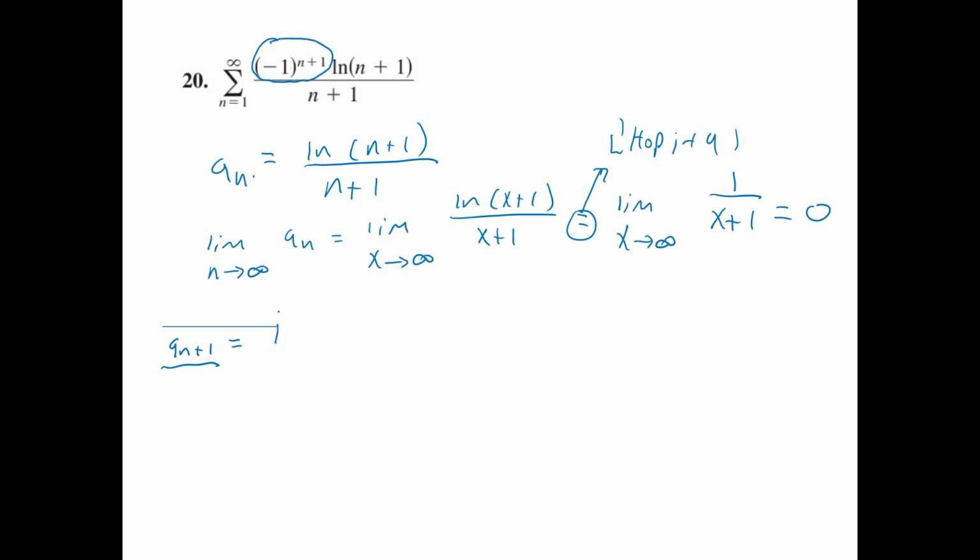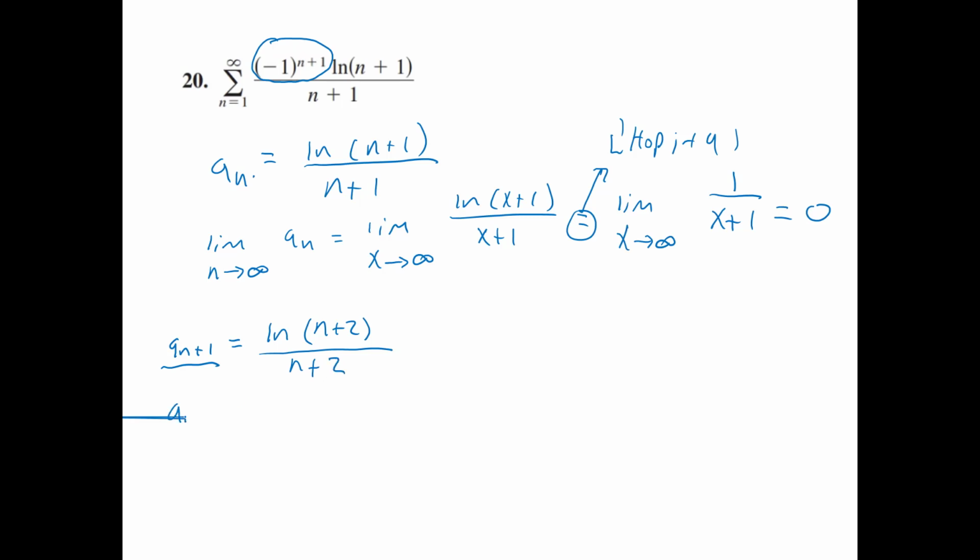And I want you to practice that. So that's why I'm going to do it that way, even though the derivative is going to be probably easier for you. So natural log of, when you replace the n with n plus 1, you have n plus 1 plus 1, so you get n plus 2. In the denominator, you have n plus 1 plus 1, so you'll have n plus 2 there.